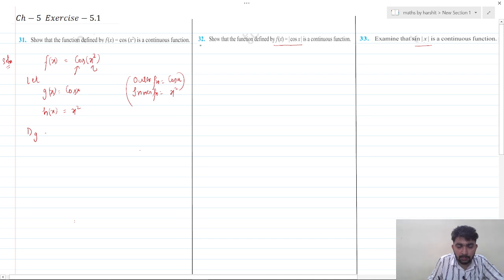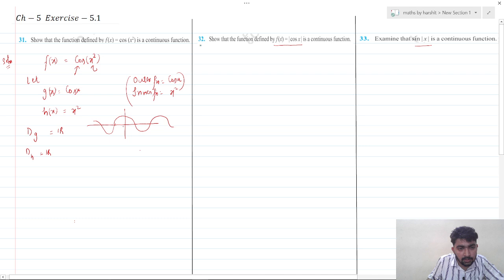Domain of g is complete R and the domain of h is also complete R. Why so? Because you already know the graph of cos x. The domain of cos x is complete R.